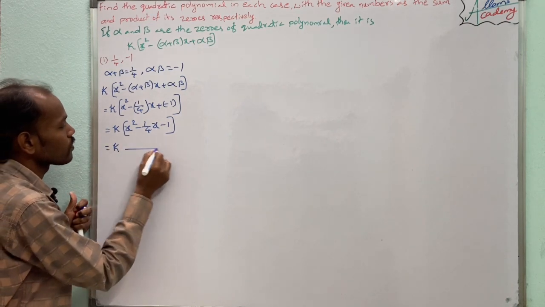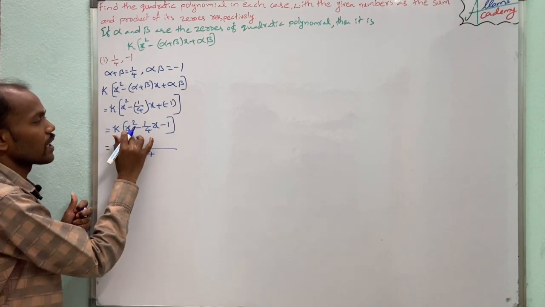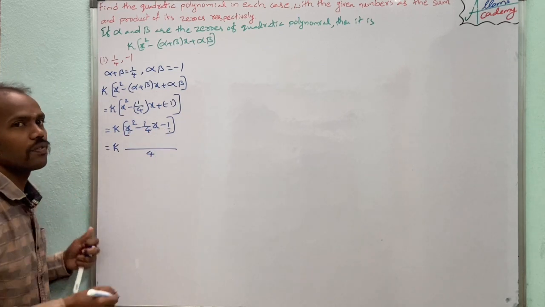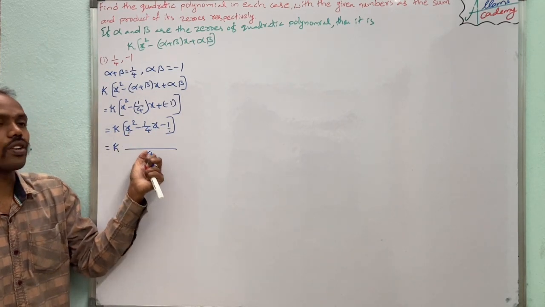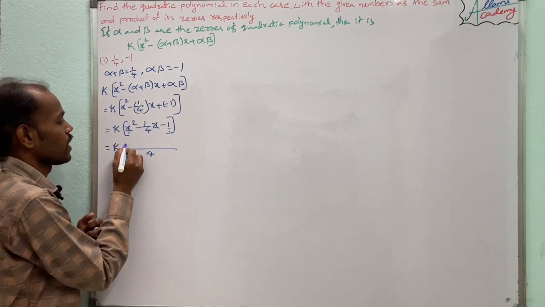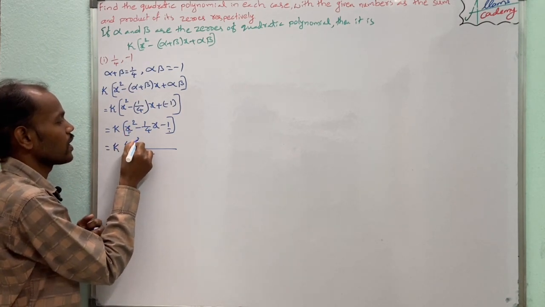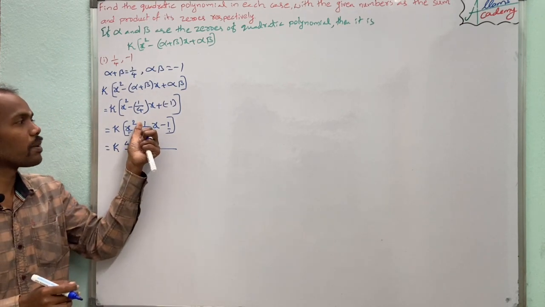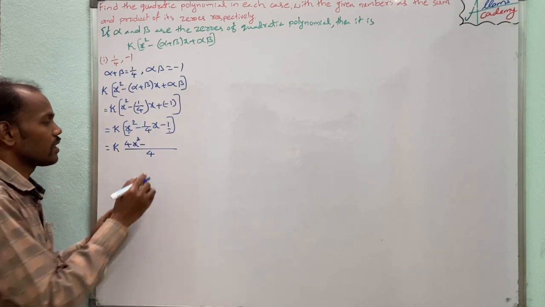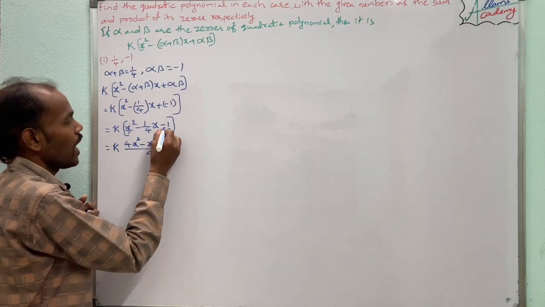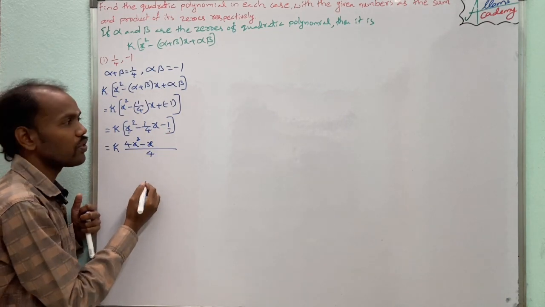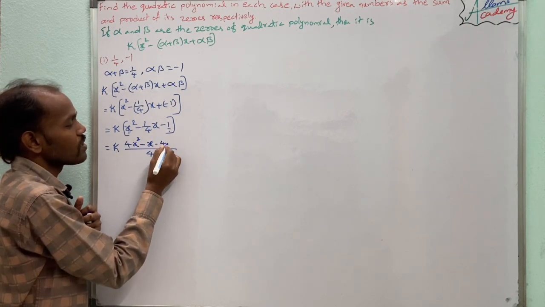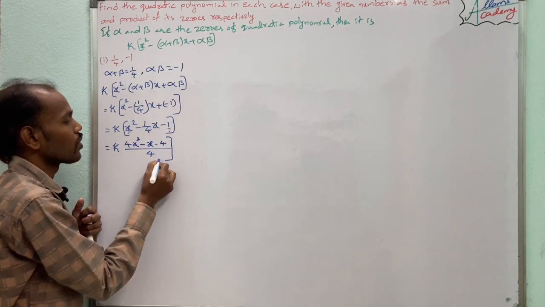So now here the denominator is nothing but 1, so 1 4 ja 4, so 4 into x square, that is 4x square, and minus 4 1 ja 4, that purpose 1 into x, that means x only, and 1 4 ja 4, so 1 into 4, 4 only, so minus 4.